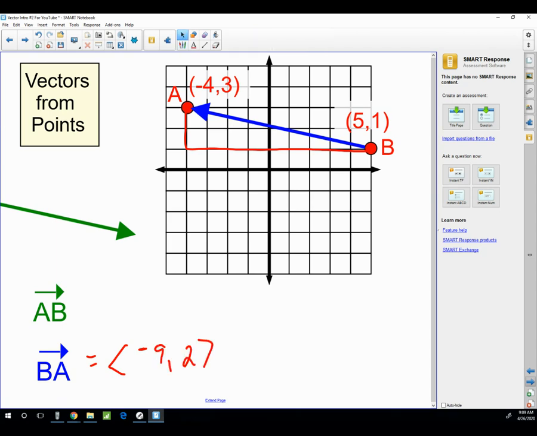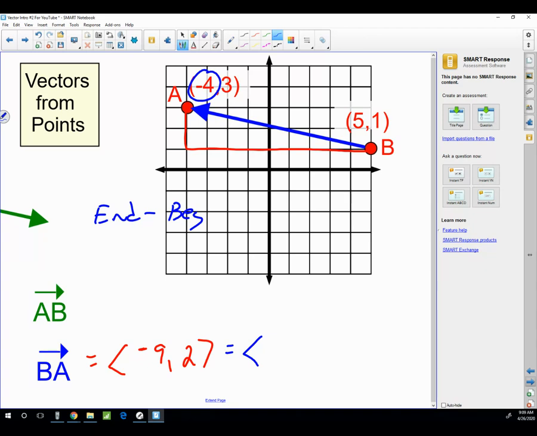Or we could subtract the coordinates, but you have to subtract the end minus the beginning. So the end is A, and so for the x coordinate, we could do that as -4 minus 5. You subtract the coordinates to get the components. And then do the y. That would be 3 minus 1 is 2. And so we'd get -9, 2. It's the end minus the beginning.